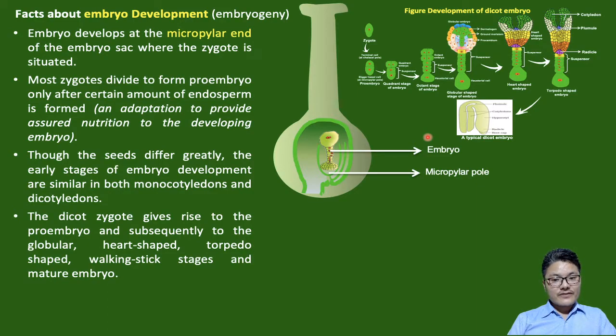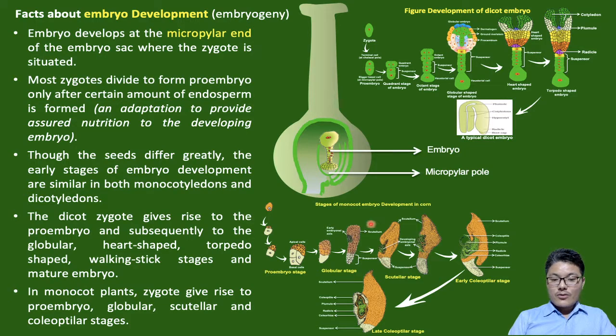This is very different from monocot. In case of monocot, though earlier stages of development of embryo in monocot plants are similar to that of your dicot plants till the globular stage, but later stages are different.